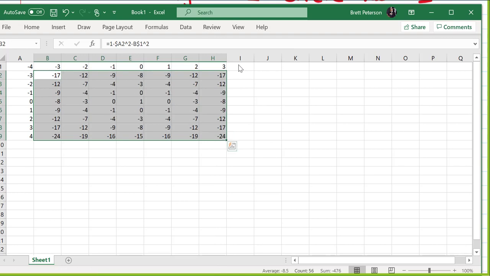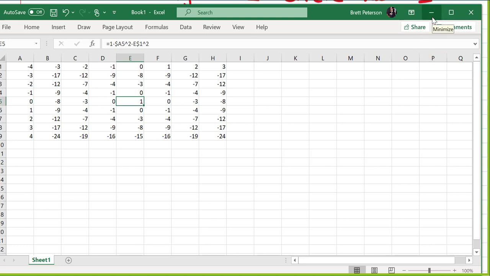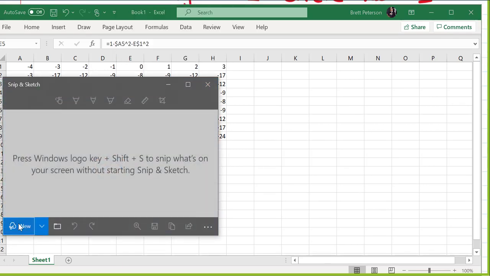So our formula was 1 minus x squared minus y squared. And we can see if we go to 0, 0 in our table of values now, this row is 0, this column is 0, we get 1, and we get these different values. And that would give us a different way to look at the values in Excel.